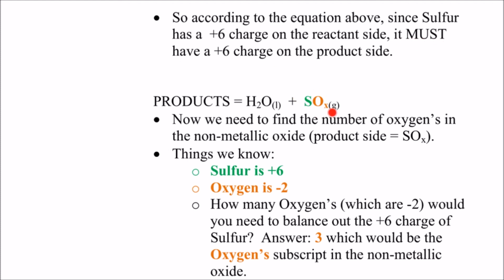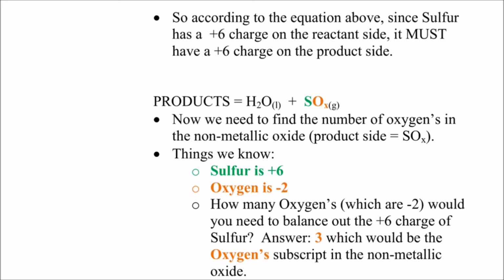So here's our nonmetal. It's SO and there's some number of oxygens. Okay? So you can rationalize this to yourself. You can say this sulfur is +6 and we know that oxygens are -2. So how many oxygens of -2 charge can balance out a +6 on the sulfur?